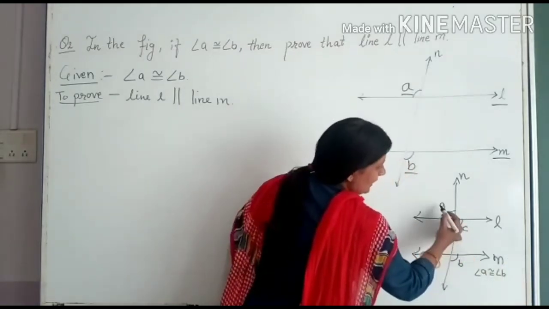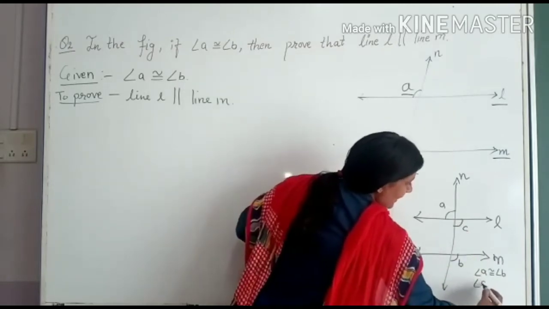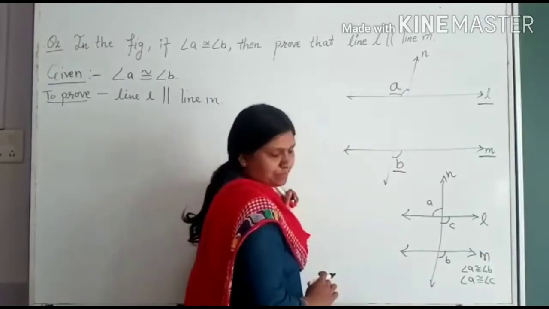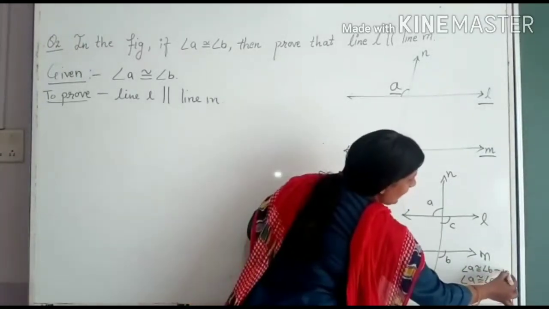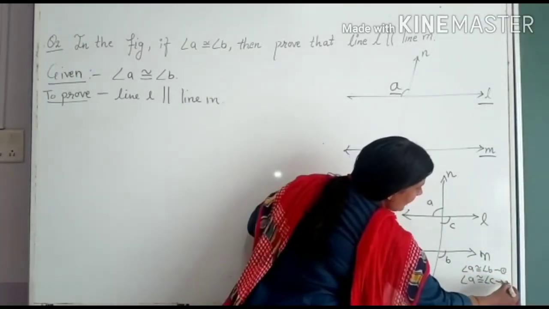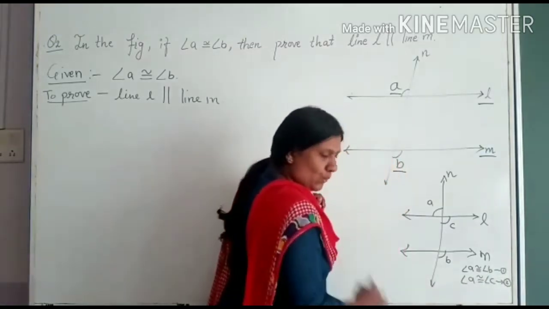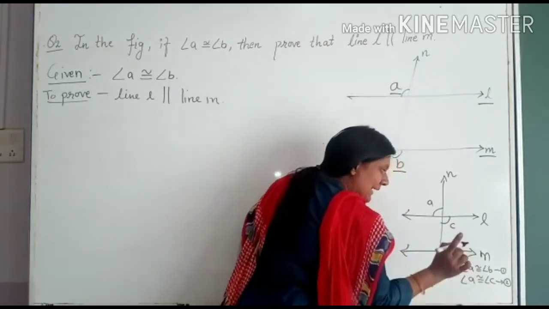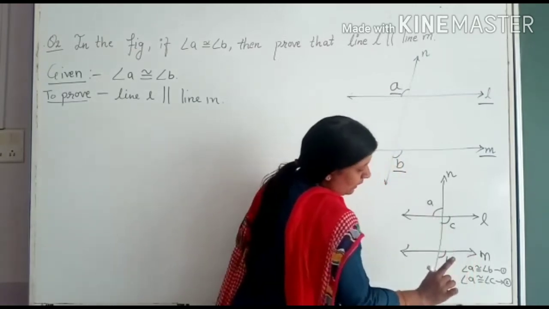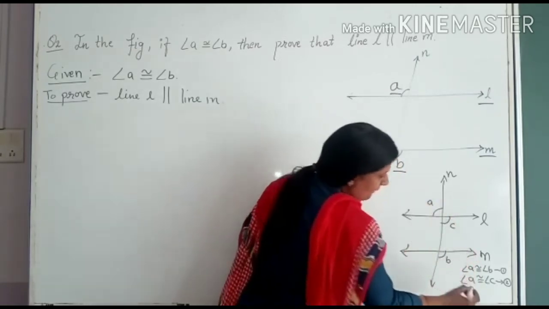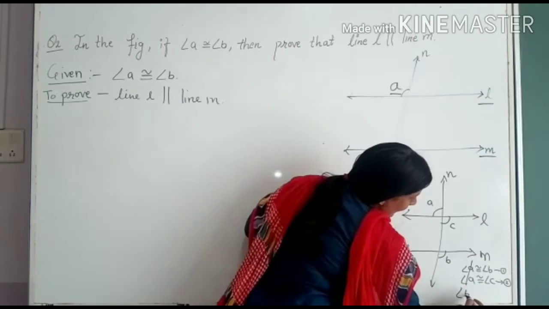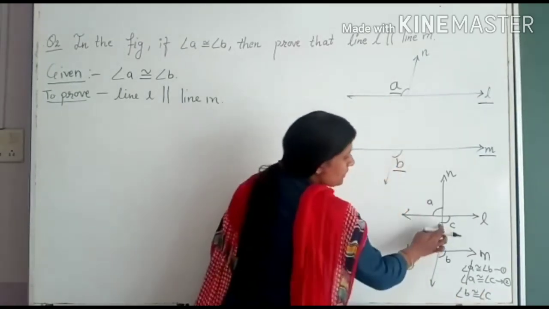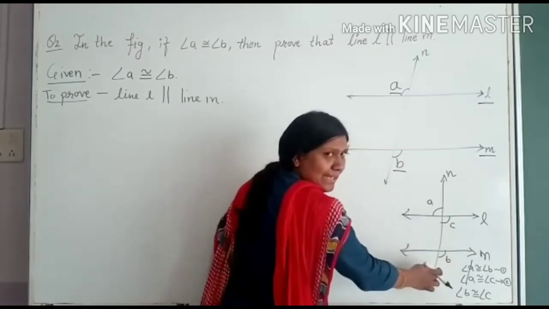And angle A and angle C are vertically opposite angles. We consider this as equation number 1, and this as equation number 2. From 1 and 2, angle A eliminates by the property of transitivity. So we get angle B is congruent to angle C, and they are the corresponding angles.